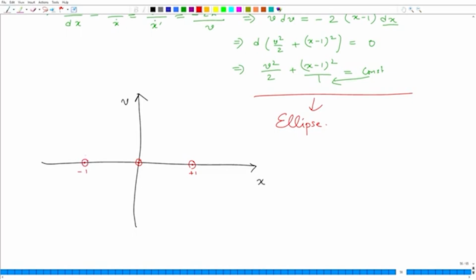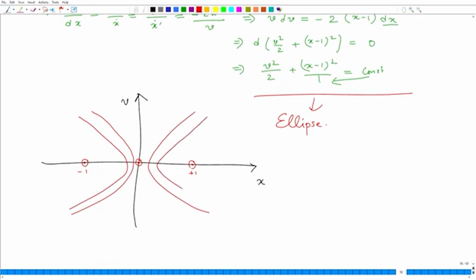So, now we have just seen that in the neighborhood of 0, 0, it is a hyperbola. So, let us say, very close to this, maybe it looks like this.